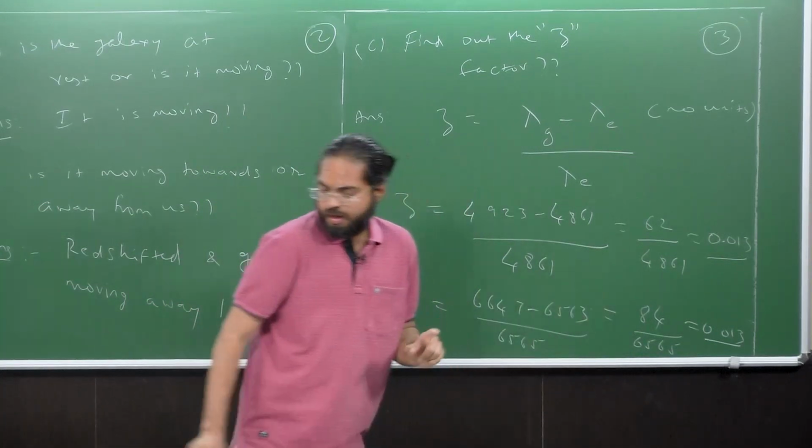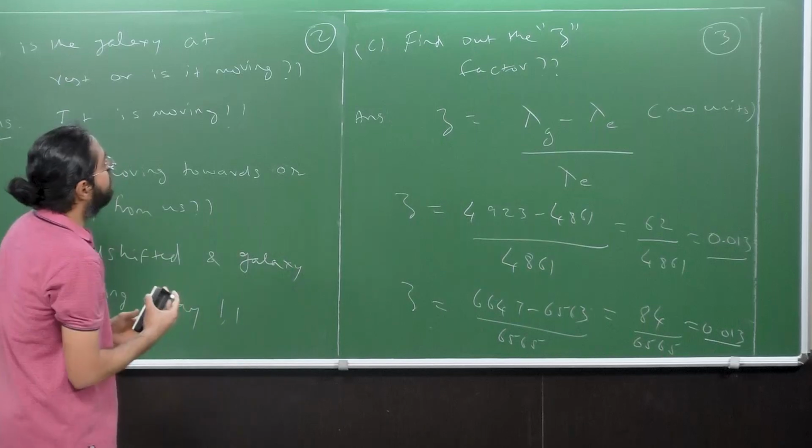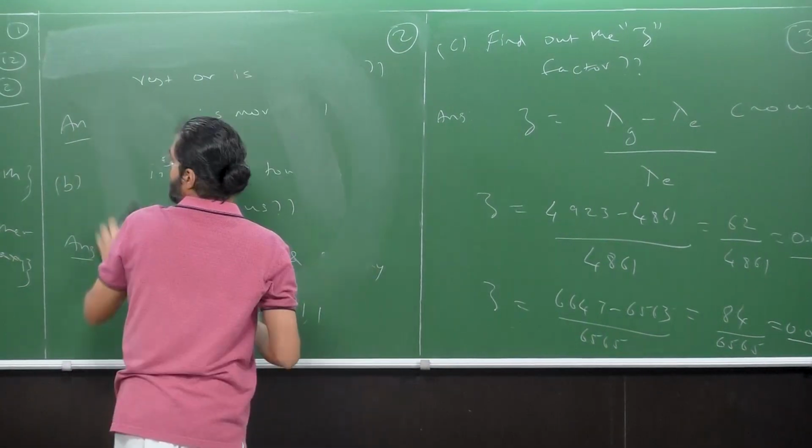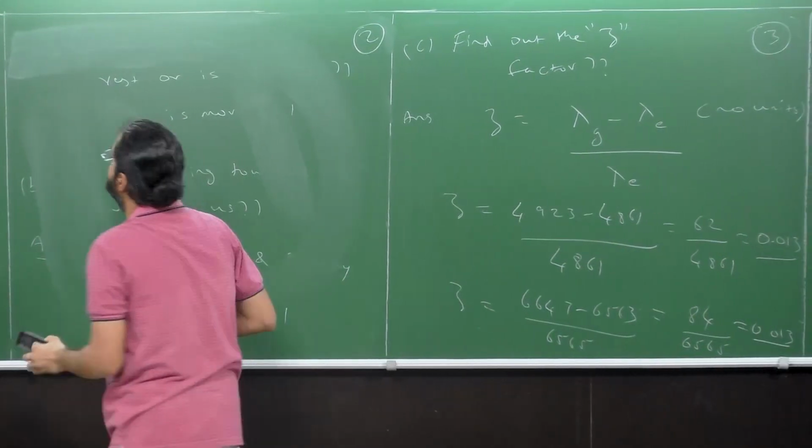All right. Now, from this Z factor, we can do one more thing. I will delete this part. I'll keep the data intact in page 1.